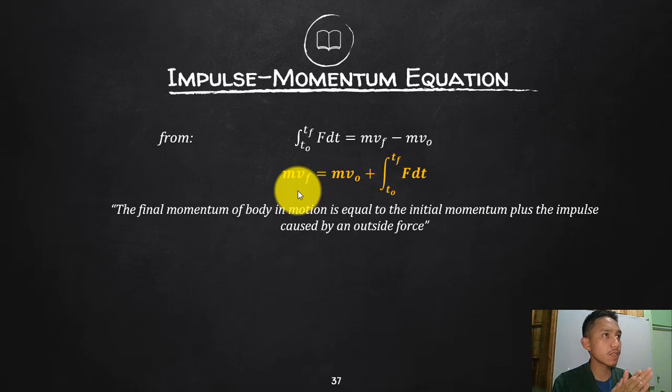There are some cases wherein the external force applied is not just a single force. It could be a lot of forces acting at the same time on the body in motion. So you will expect to have a lot of impulses, isn't it? Since we have a lot of external forces. But if you try to sum all these external forces, and you end up with 0.